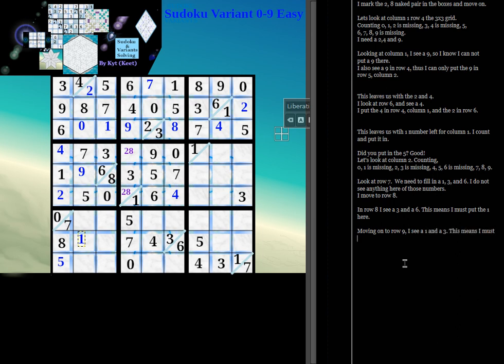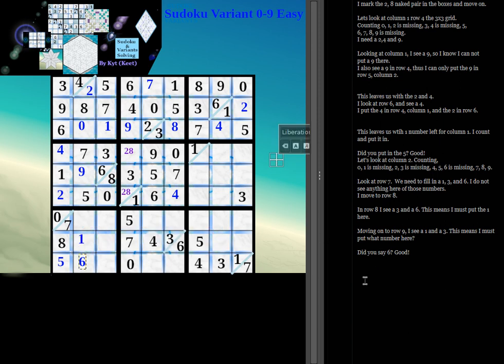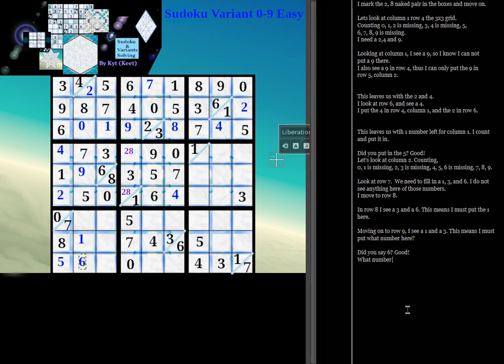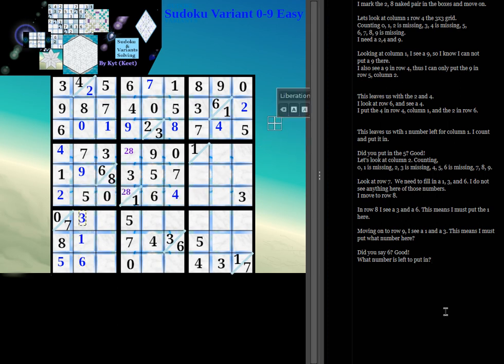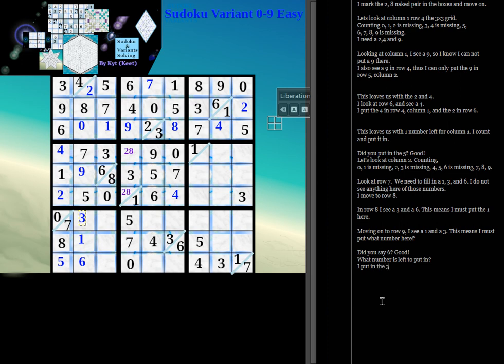This means I must put what number here? Did you say 6? Good. So what number is left to put in? I put in the 3 and we are done with this column.